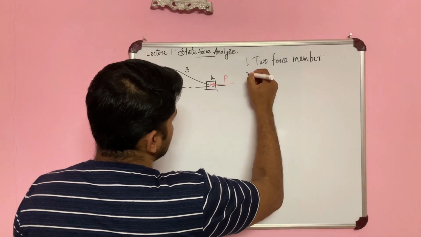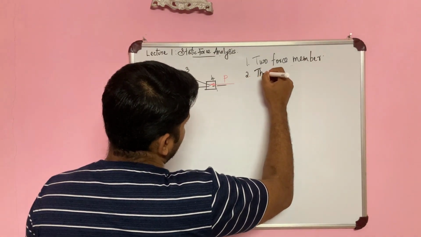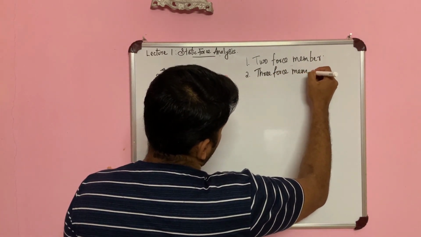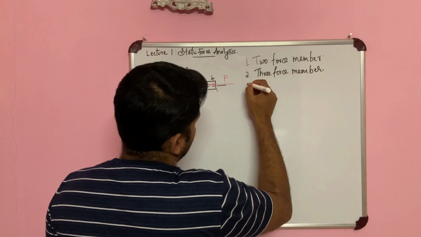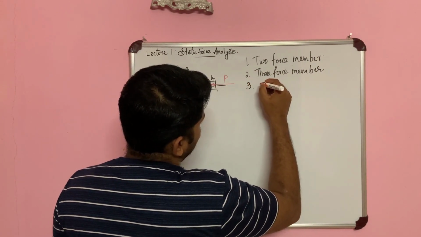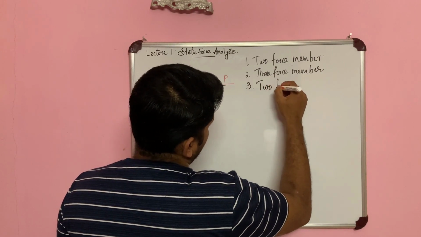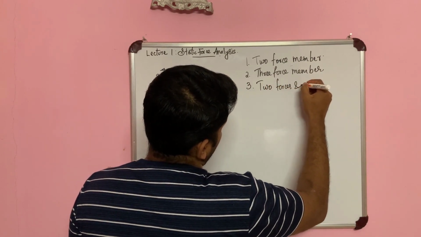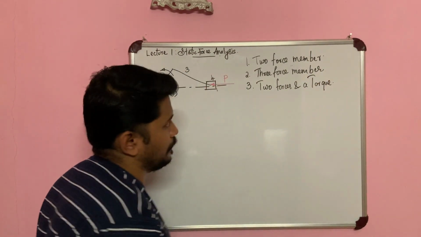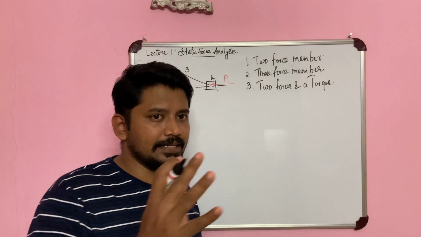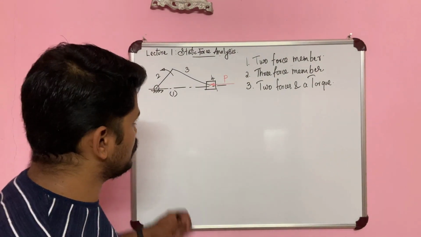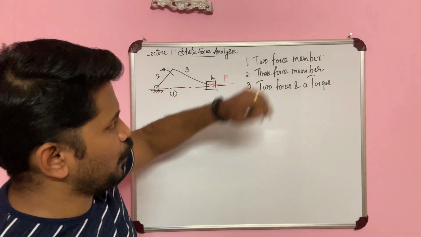And the second one is a 3 force member. And third one is a member with 2 forces and a torque. Okay, so there are 3 kinds of members existing in this mechanism.